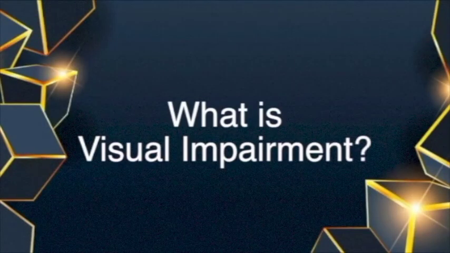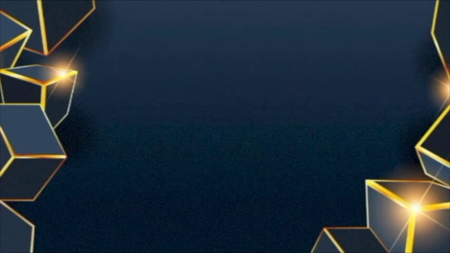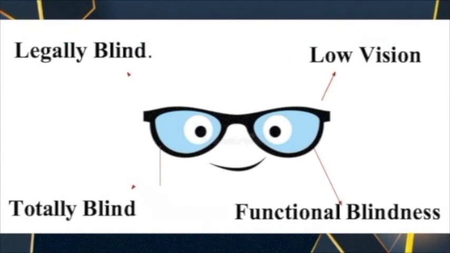What is visual impairment? Visual impairment is a general term for a visual loss that decreases someone's ability to see to a certain degree. Salvin 2016. There are 4 categories of visual impairment: legally blind, totally blind, functional blind, and low vision.